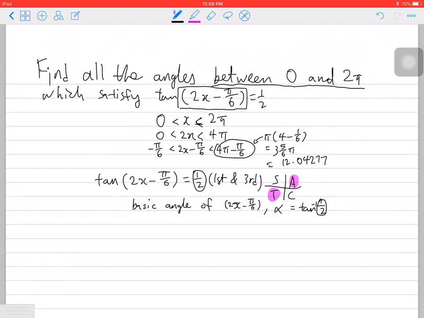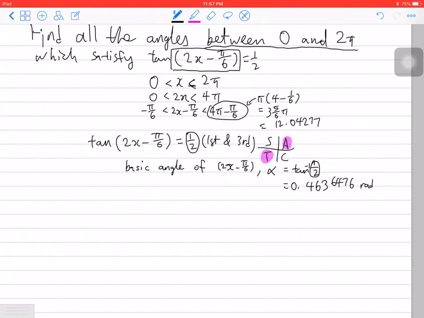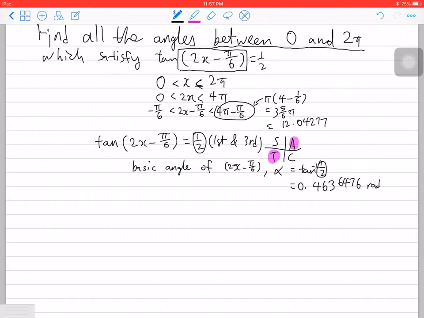So with that, tangent inverse half will equal 0.4636476 radian. Okay, with this, we are ready to proceed on to provide the angle in radian for the first and the third quadrant.